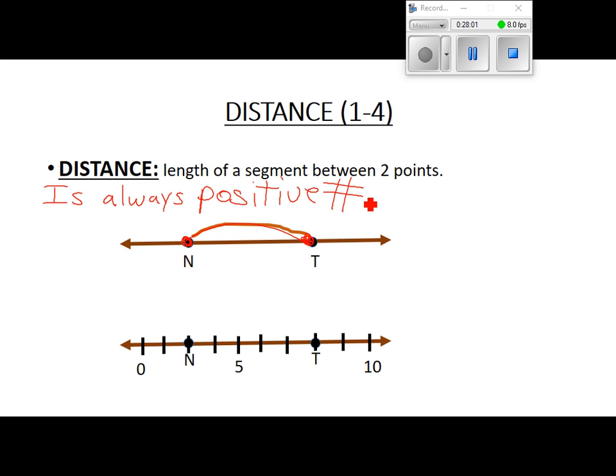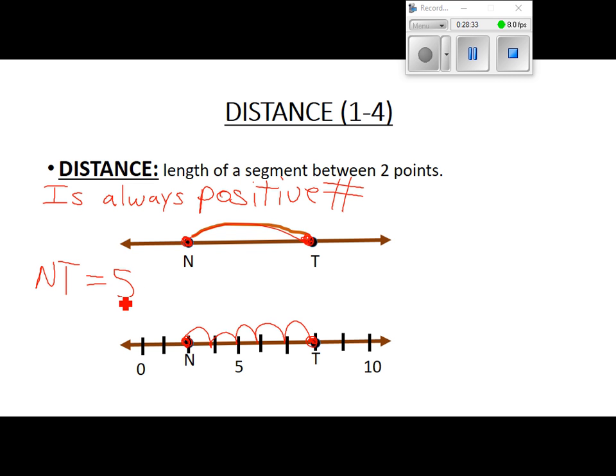So when we do this, I'm going to show you the mathematical way in a second to do on a number line, but right now I'm going to show you an easier way. If I wanted you to find the distance from point N to point T, what would you do? So NT equals what?